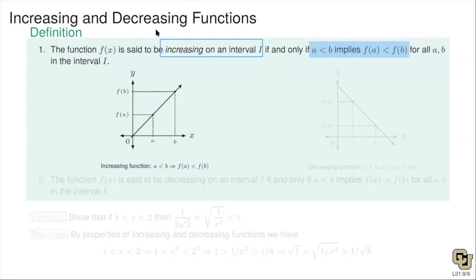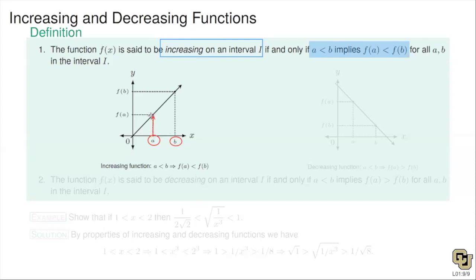So now let's check the definition. The definition says, if A is less than B, so here's A. If A is to the left of B, that's what A less than B means, right? Then now let's see what happens with the output.